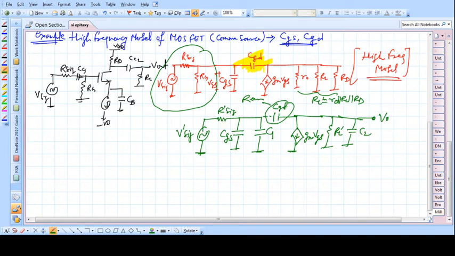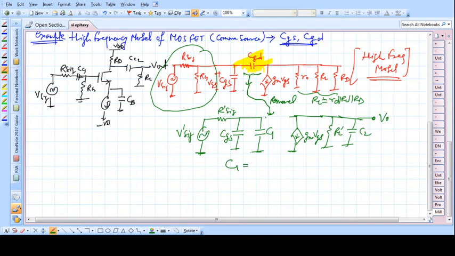Otherwise it will be some confusion. This CGD is removed here.